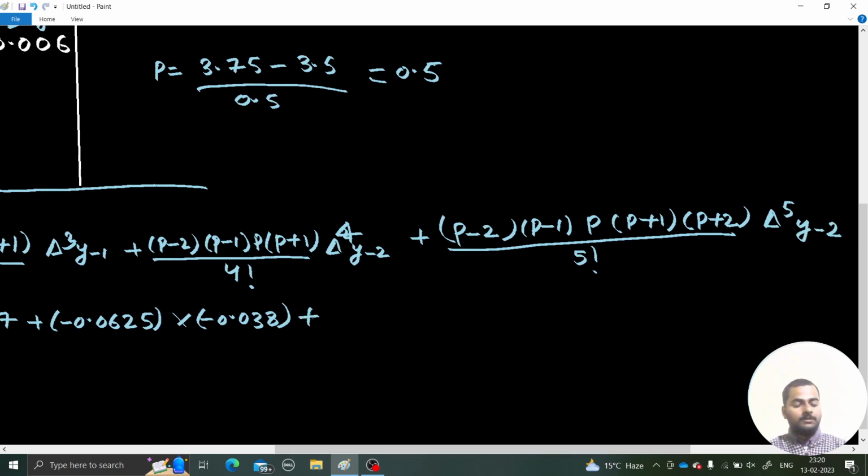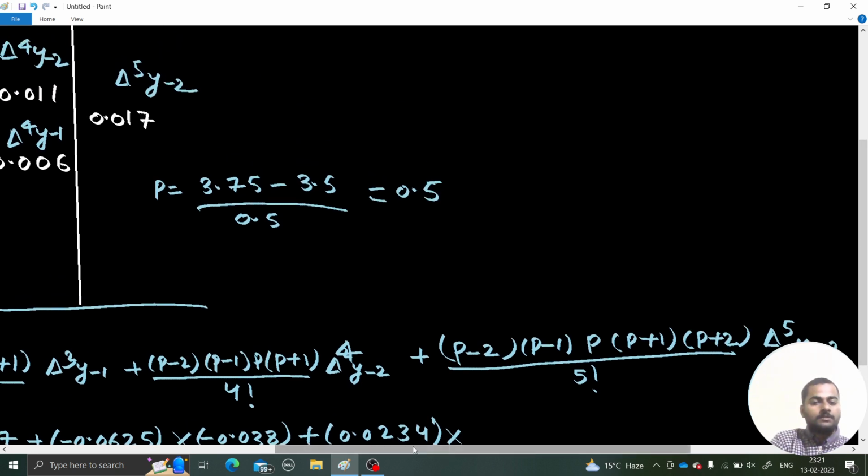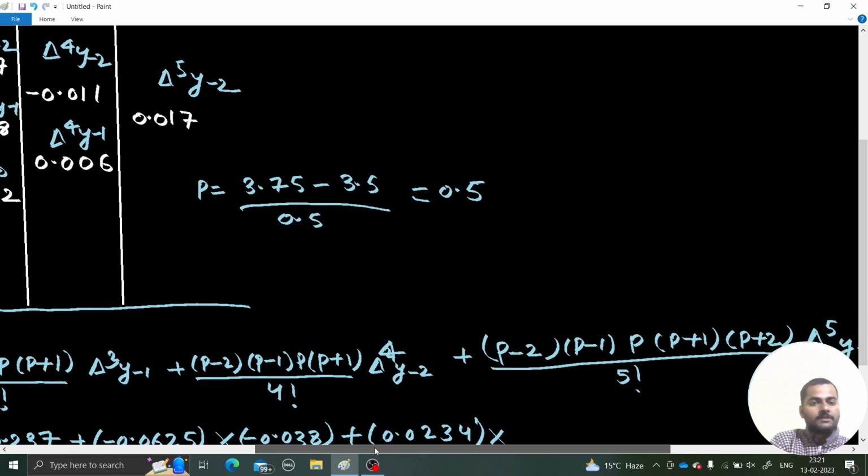Then p minus 2, p minus 1, p, p plus 1. Delta 4 y minus 2 is minus 0.011.